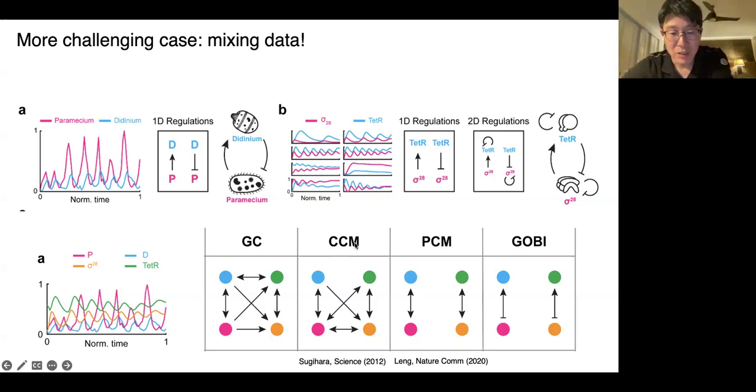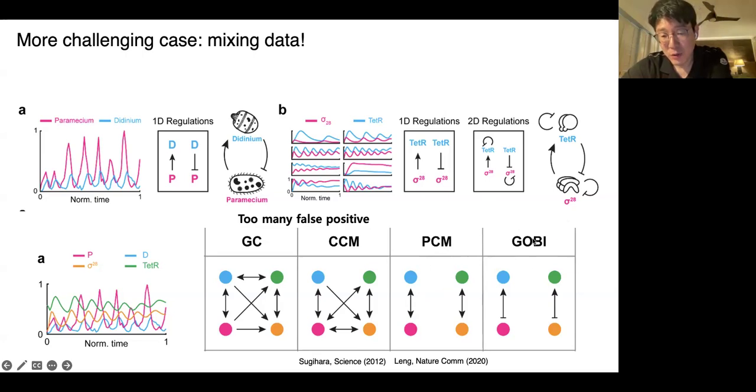Another famous method is convergence cross-mapping, which was developed by George Sugihara a couple of years ago. Again, you can see that it also makes false positive predictions between bacteria and molecule. The most recent method is partial cross-mapping, which was developed by a Chinese group a couple of years ago. You can see that only this method can prevent these false positive predictions.